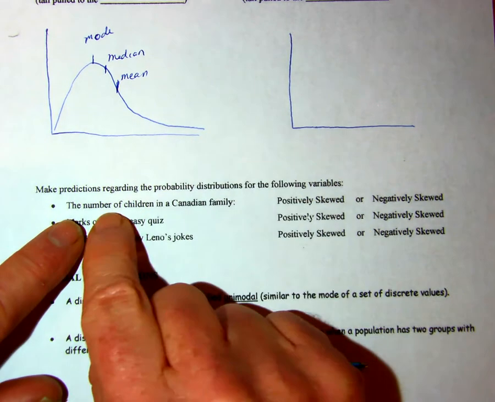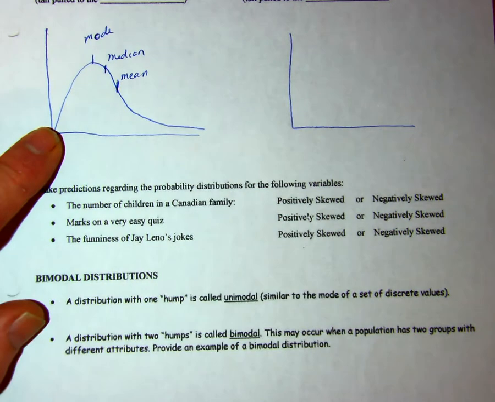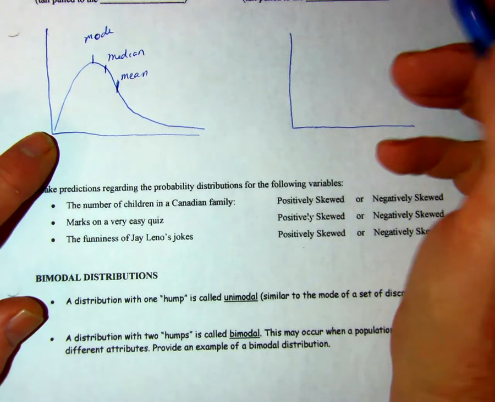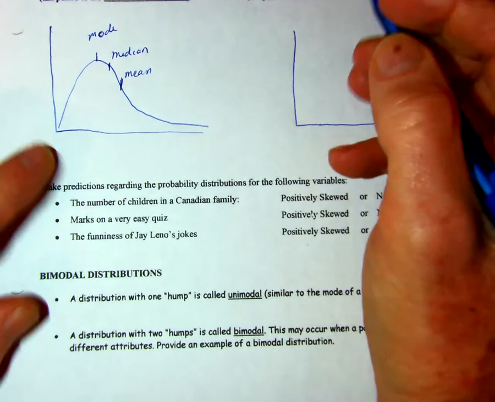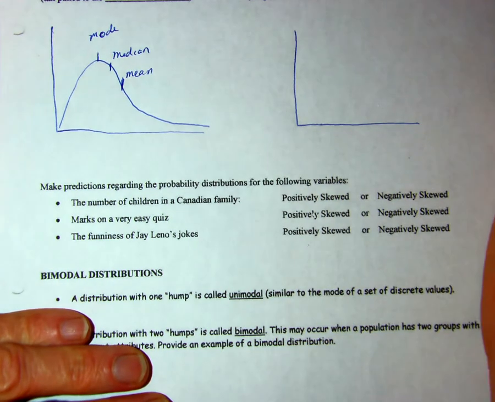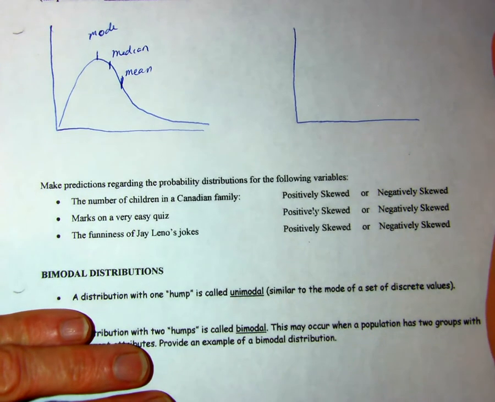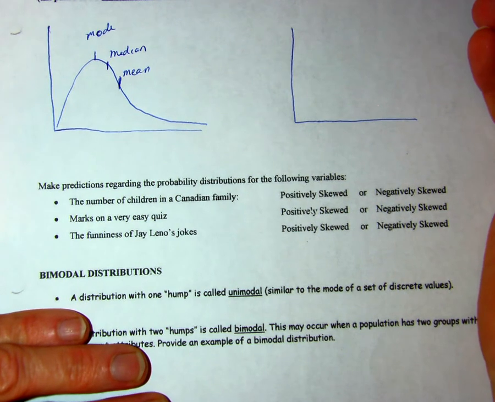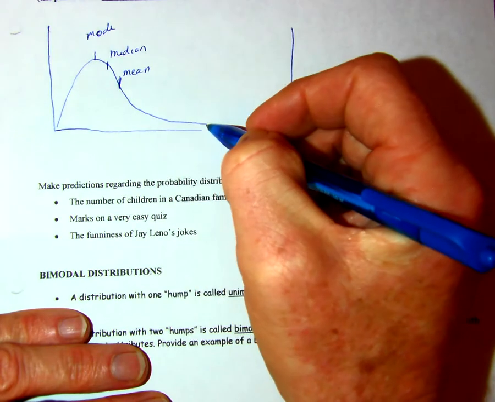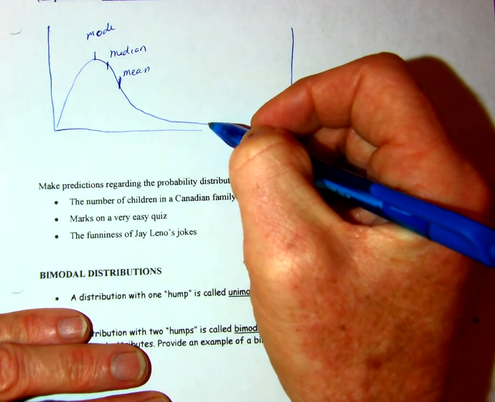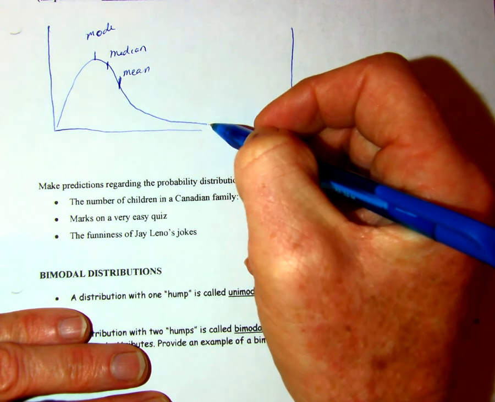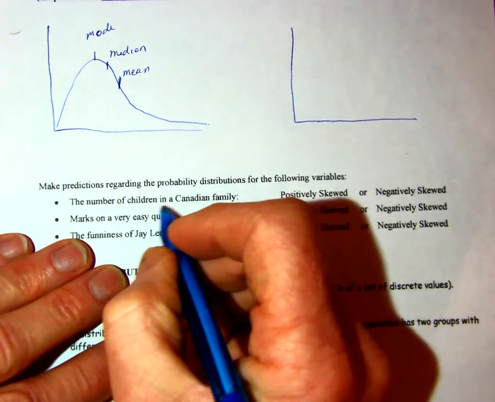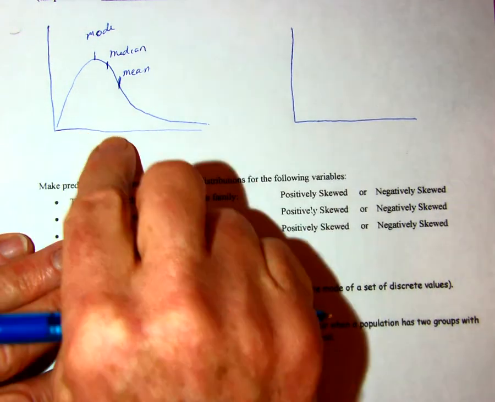Let's look at the number of children in a Canadian family. If you look at different families in your neighborhood, what do most families have in terms of number of kids? Two, maybe three, maybe one. You might have some families that have 10 kids, right? But that's pretty rare. So number of kids would be this one, right?